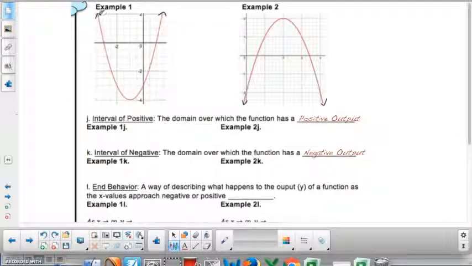Anything below -3 is going to be above the 0 line. When I get to anything bigger than -3, like -2, suddenly my y value is negative. When I'm at 0, my y value is negative. When I'm at 1 here, that's where I hit that x-axis again, and suddenly it jumps back into positive.